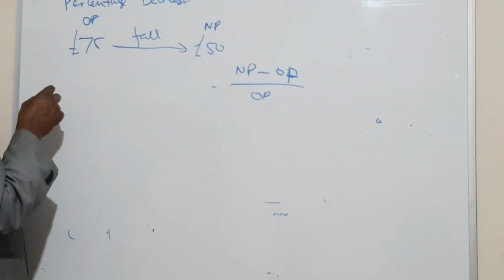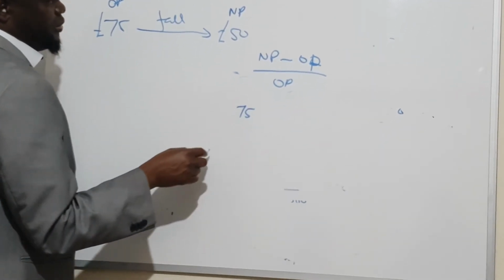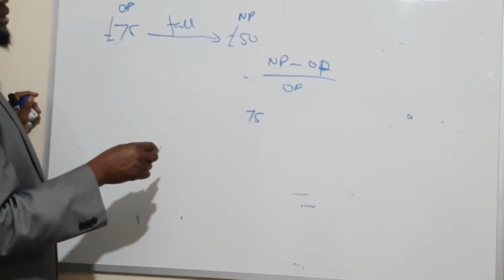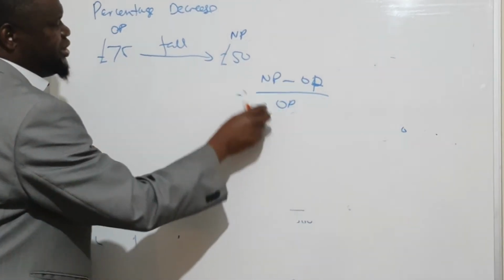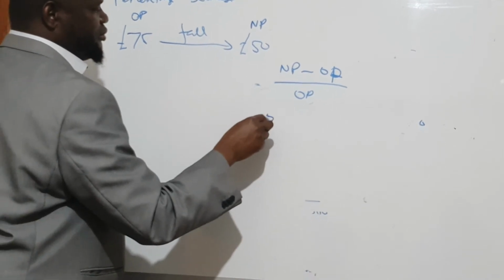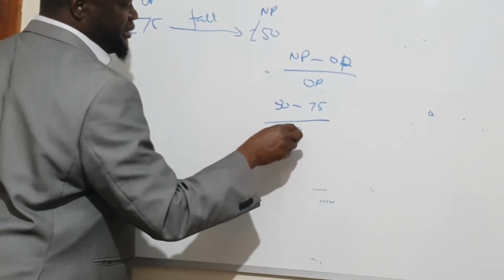What is the old price? 75. Sorry, what is the new price? 50. Minus the old price, divided by the old price.